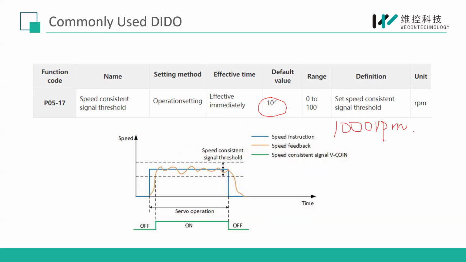So if we set this as 10, it means when the speed is between 990 and 1010, this DO signal will be on, and we think that the motor speed is consistent.